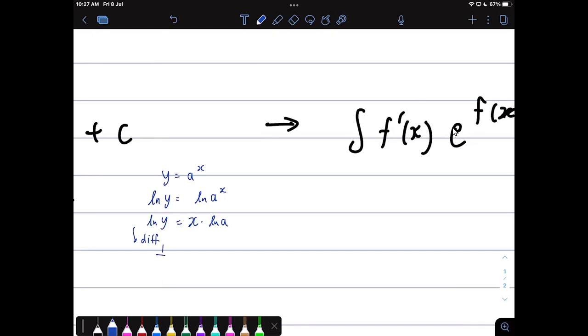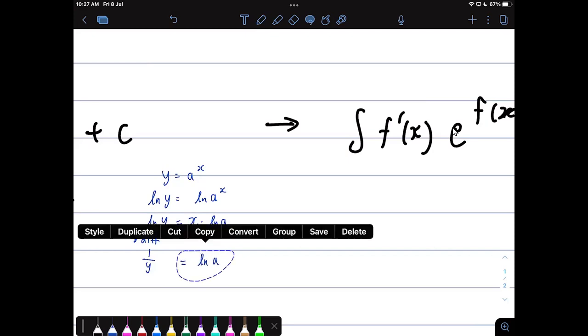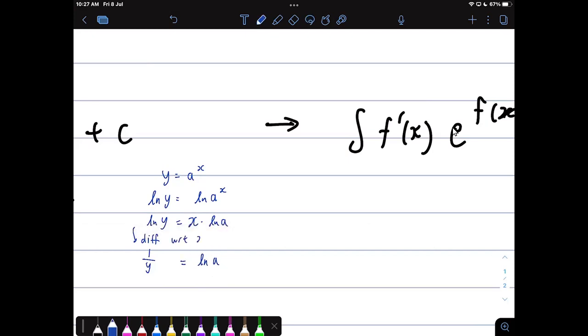What do you end up with? You end up with 1 over y, dy by dx. I'll assume that y is positive, so I don't need to put the modulus. Then this is really just ln of a. You're differentiating with respect to x, so I still need to have my dy by dx tail because of the chain rule, because y is a function of x. Implicit differentiation.